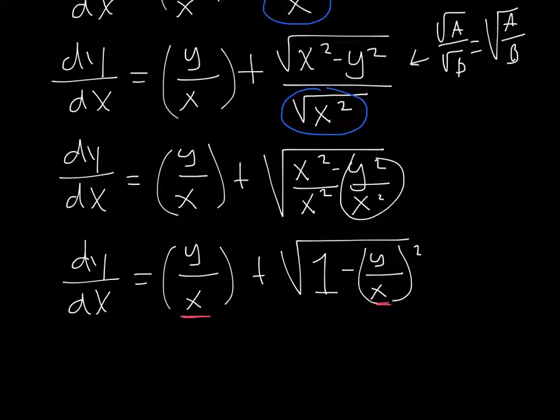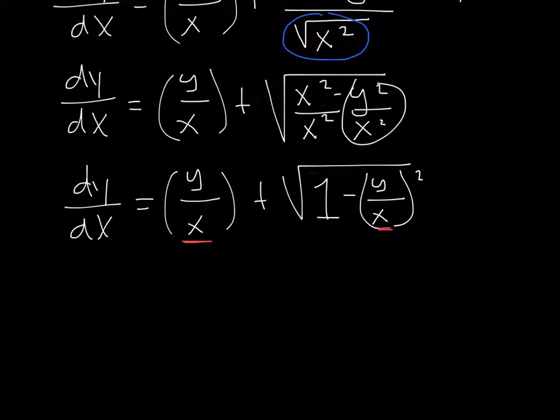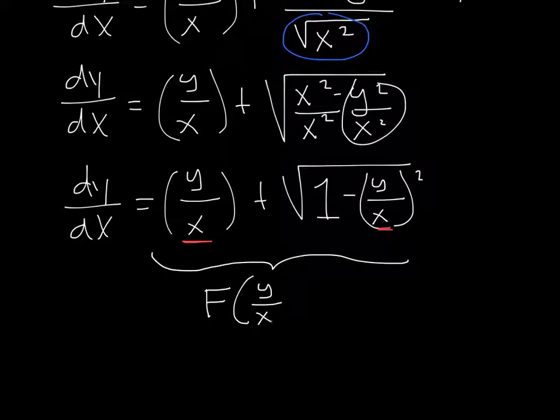So now dy/dx is a function of y over x. And again, I want to emphasize, this is the capital F of y over x that the book keeps talking about on page 60. This is a homogeneous first order differential equation. So now we can make these substitutions.